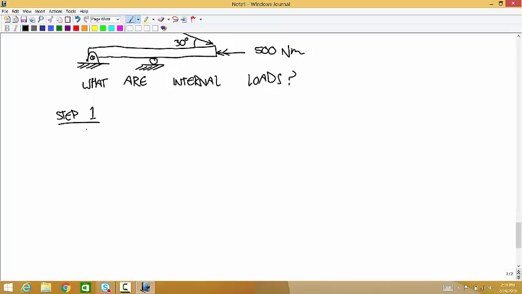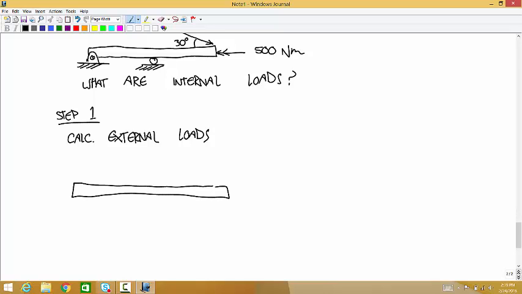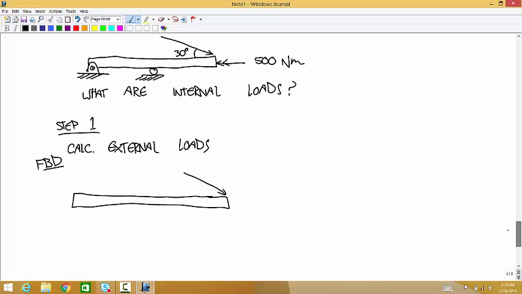Okay, so step 1, calculate the external loads. For that, we'll isolate the whole thing. We have this force of, what was that, 1,000?